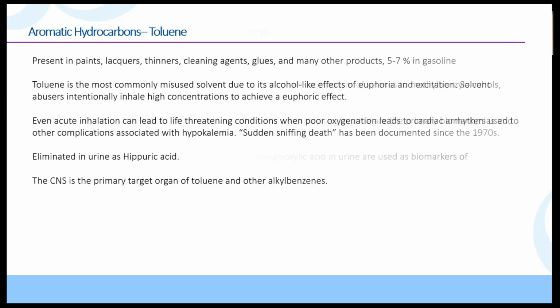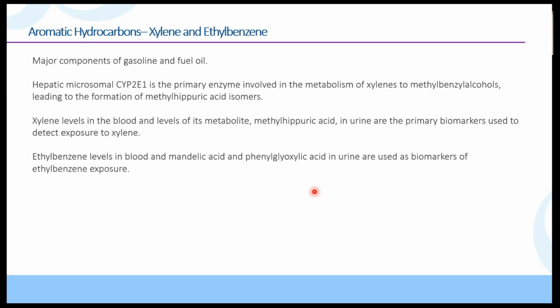Moving on to xylene and ethylbenzenes. So these are the major components of gasoline and fuel oil. The hepatic microsomal CYP2E1 is the primary enzyme involved in the metabolism of xylene to methyl benzyl alcohols, leading to the formation of methyl hippuric acid isomers.